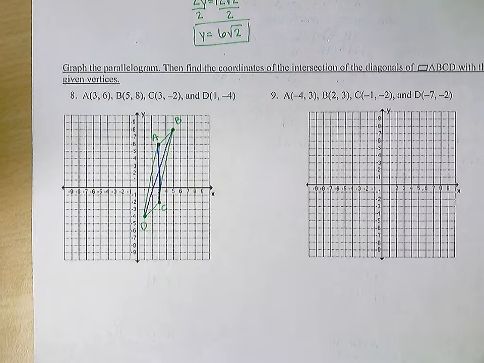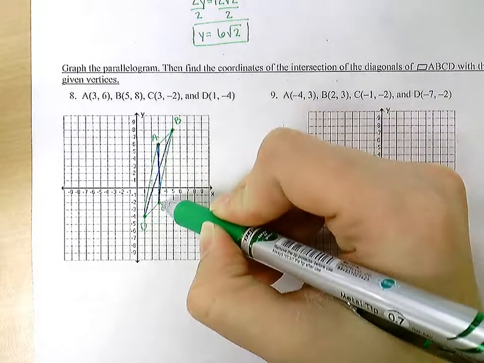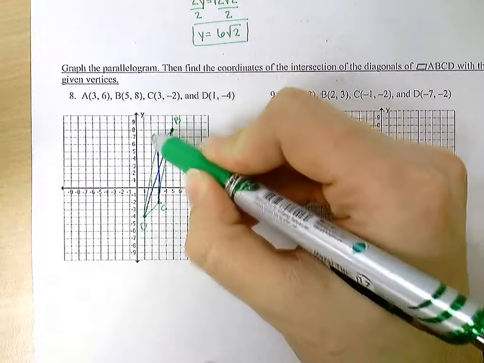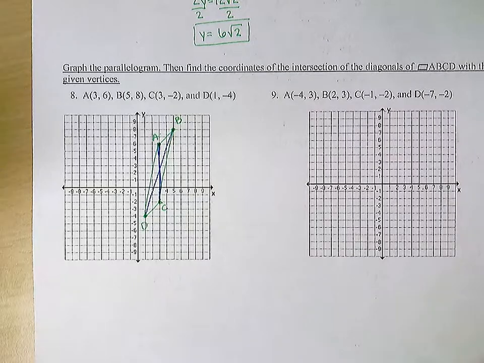If you remember your properties of diagonals, I said they bisect each other, meaning they hit at a midpoint. So what you can do is take 2 vertices across from each other, like A and C here, and find the midpoint of those 2 points.